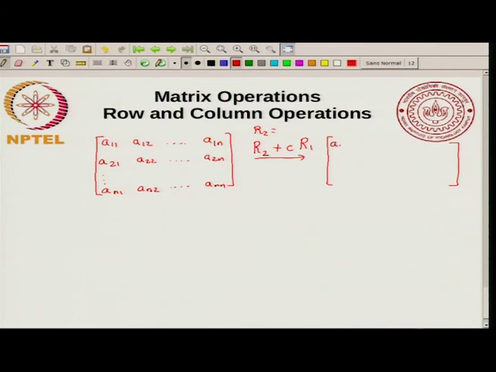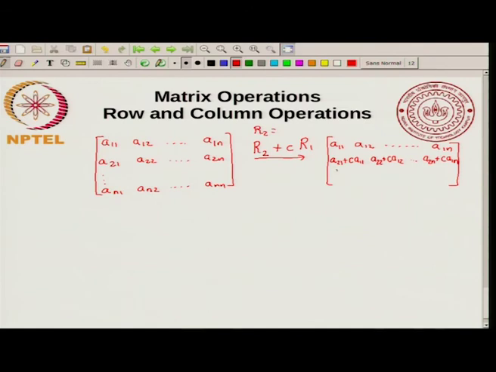The first row is unchanged. To the second row you add C times the first row, element by element. So this element becomes A21 plus C A11. Similarly, this element becomes A22 plus C A12, and the last element becomes A2n plus C A1n.